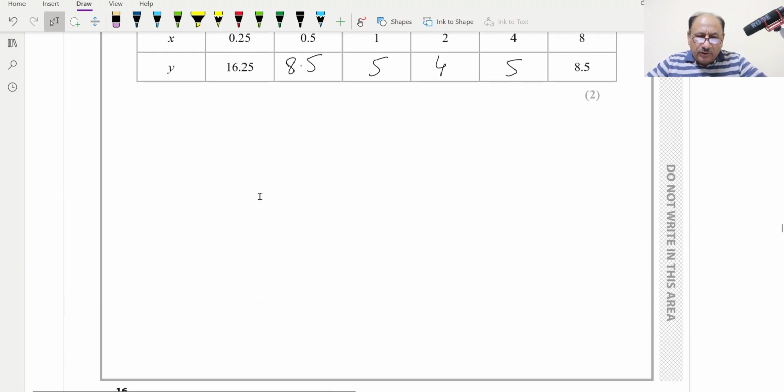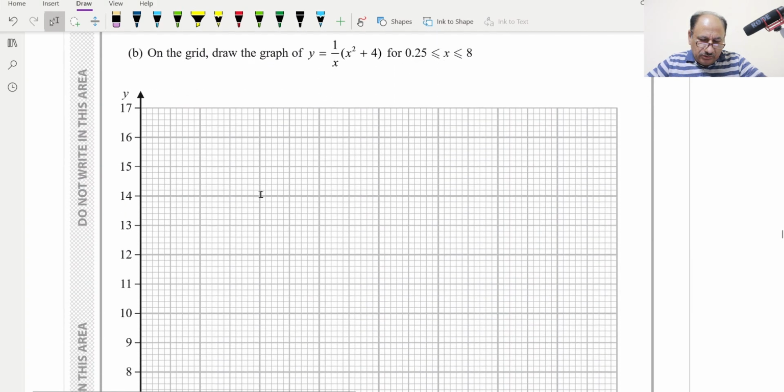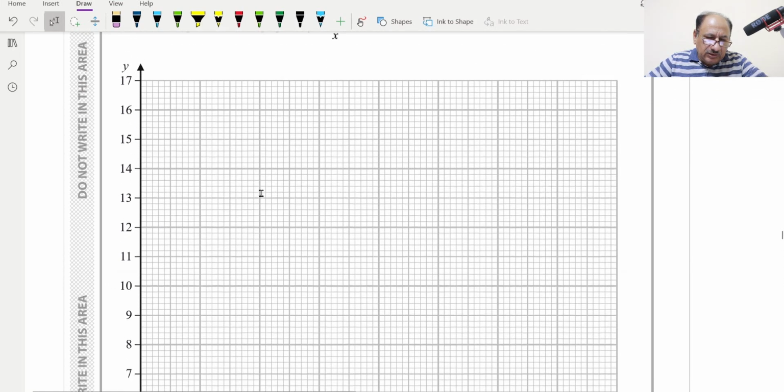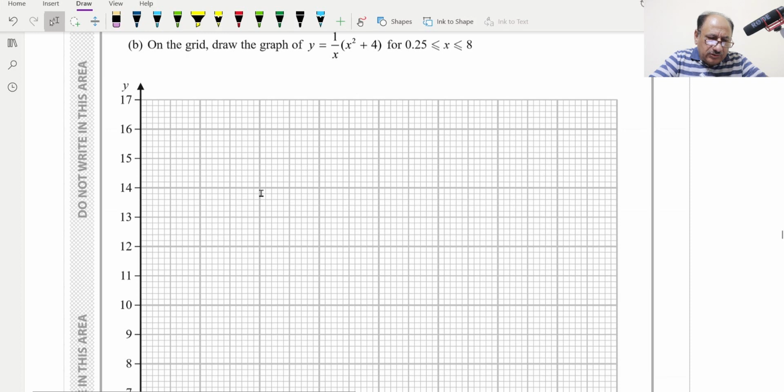The first point is 0.25, 16.25. So 0.25 will be this point, and the other value is 16.25, which will be around this point.